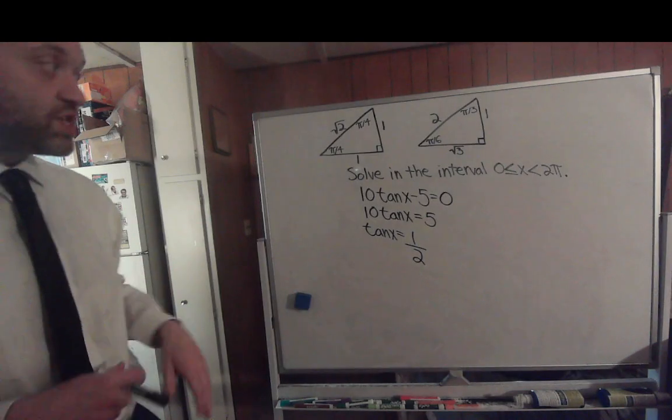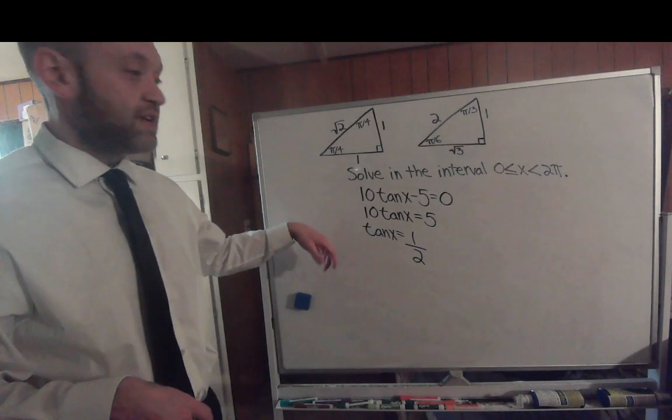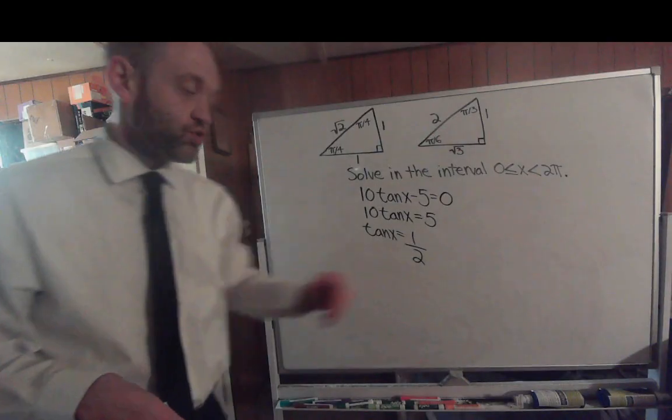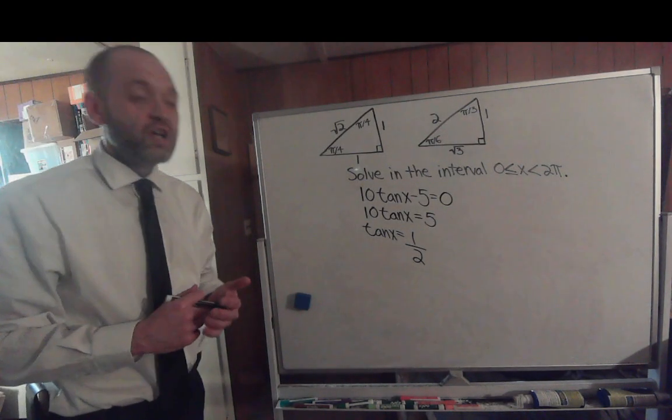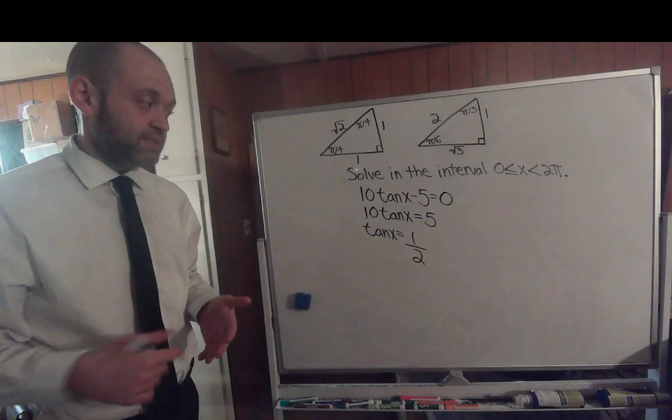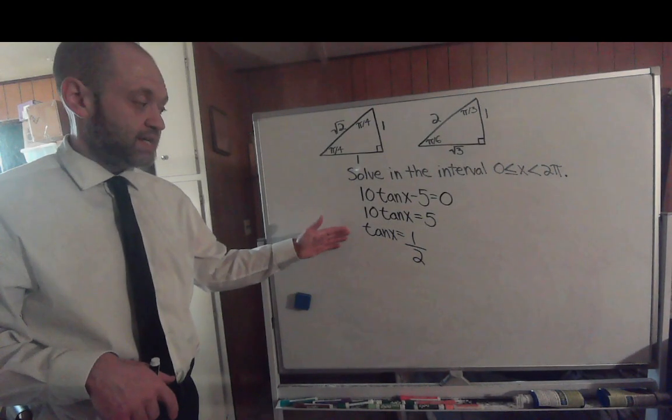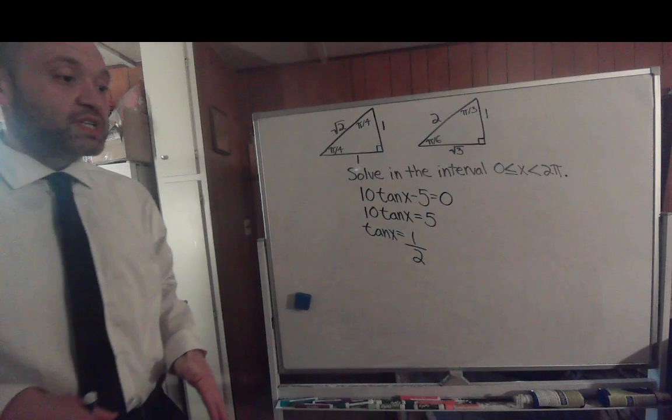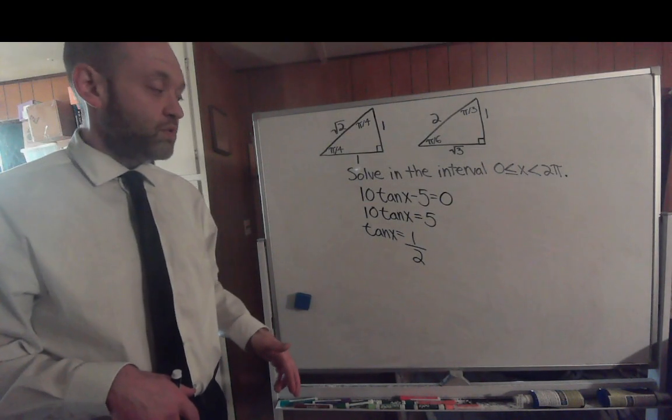So unfortunately, this is nothing we can figure out for x with our special triangle, so we're going to have more of the radians and decimals, but we want to do this in radians. So the tangent of x equals 1/2.